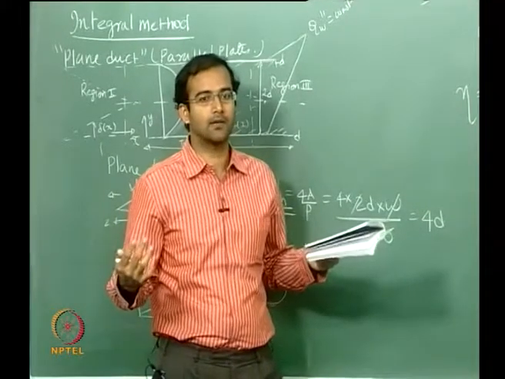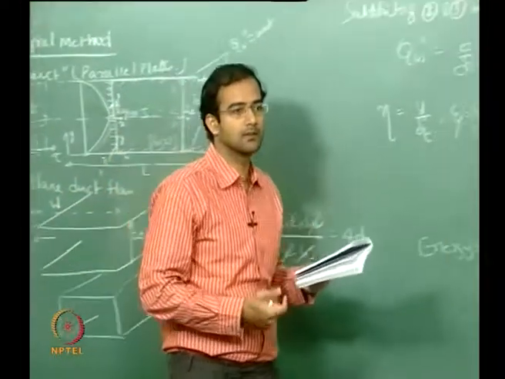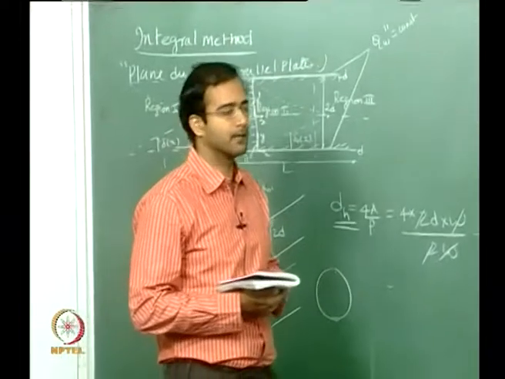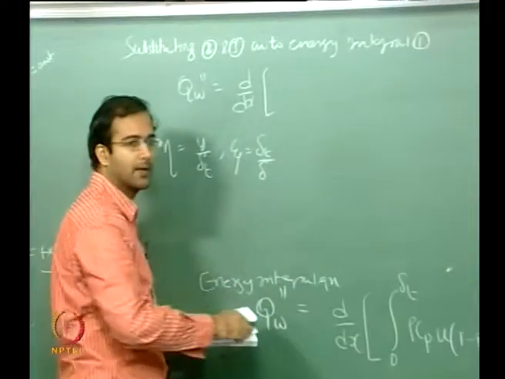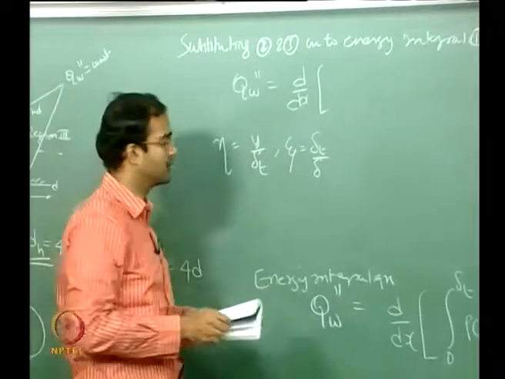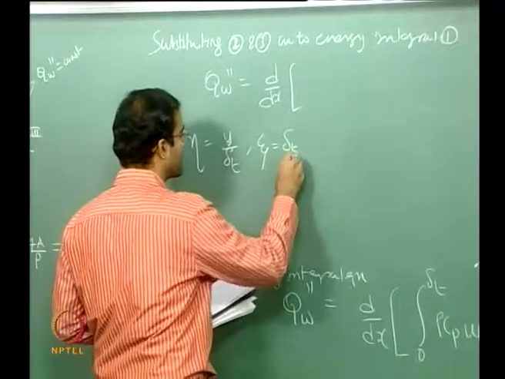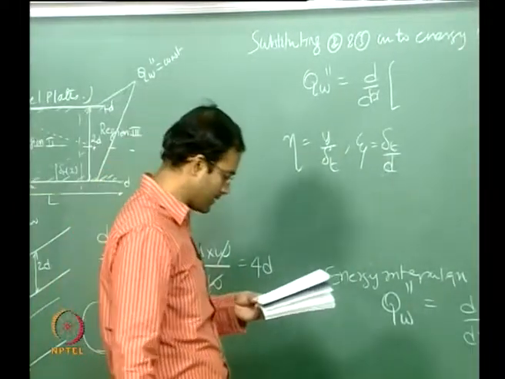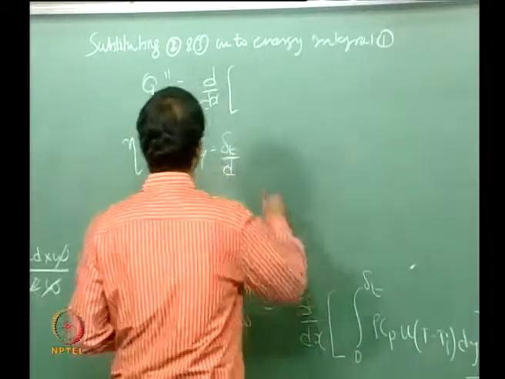So rather than delta, what we should use? D. You look at the profile, it is y by d, whereas in the external flow it is y by delta. So there this will be replaced by d. These are the 2 non-dimensional variables, and now you can write them in terms of non-dimensional.